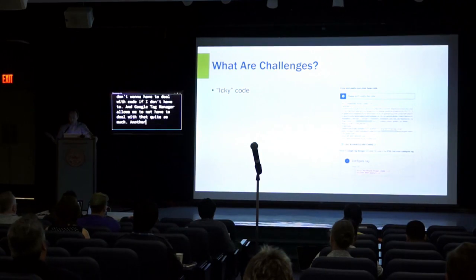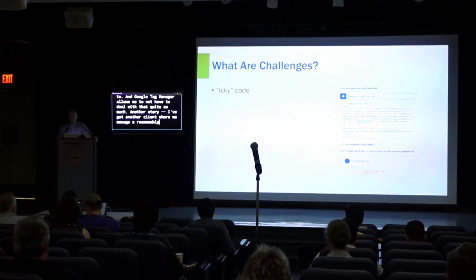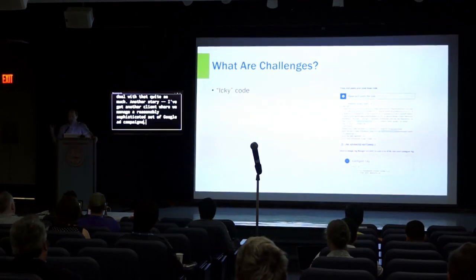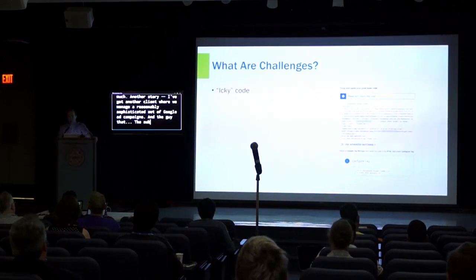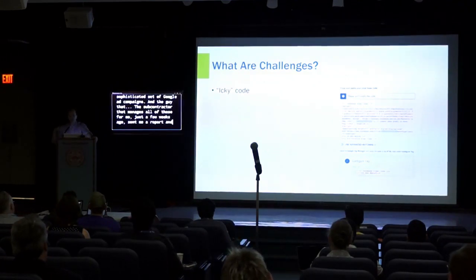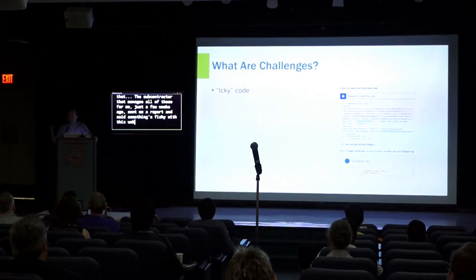Another story, I've got another client where we manage a reasonably sophisticated set of Google ad campaigns, and the subcontractor that manages all of these for me just a few weeks ago sent me a report and said something's fishy with this web page. Long story short, we investigated it.